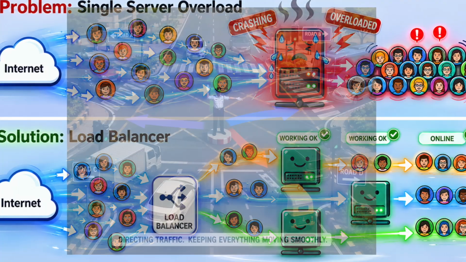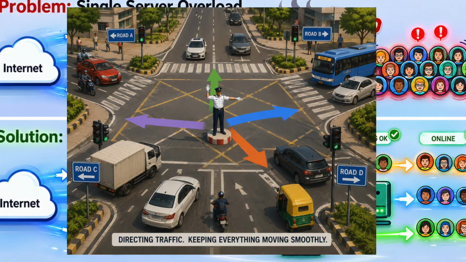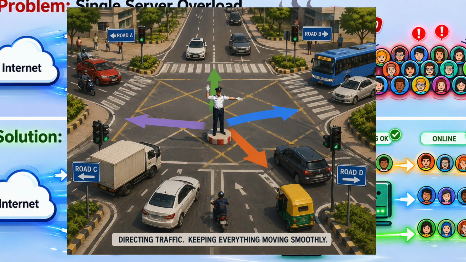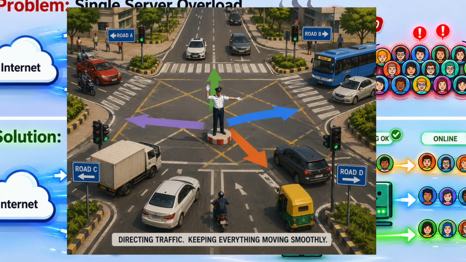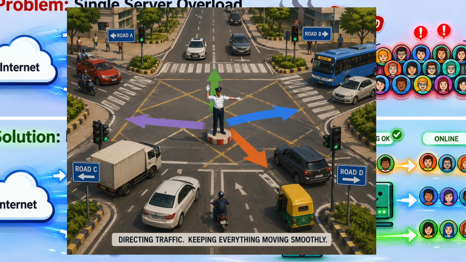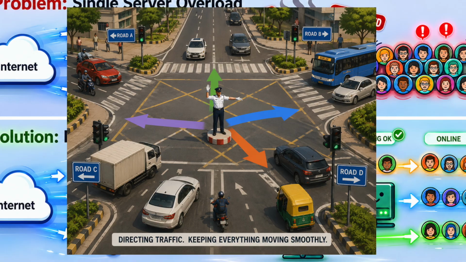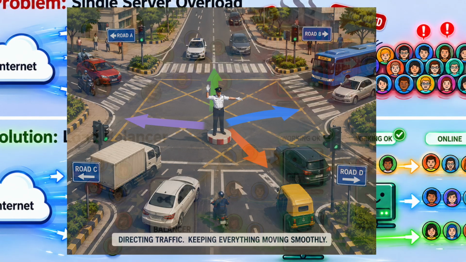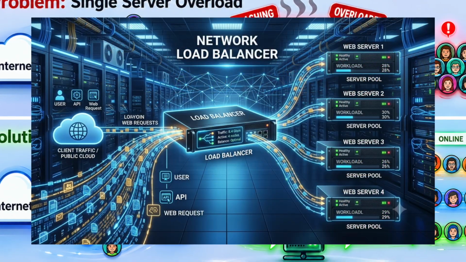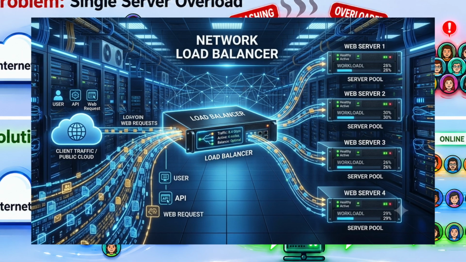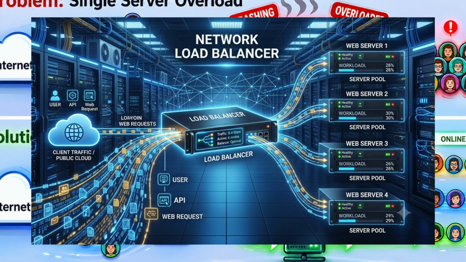Think of it like a traffic police officer at a busy intersection. Instead of sending all vehicles down one road, it directs traffic across multiple roads to keep everything moving smoothly. Load balancers improve application availability, scalability, and performance.